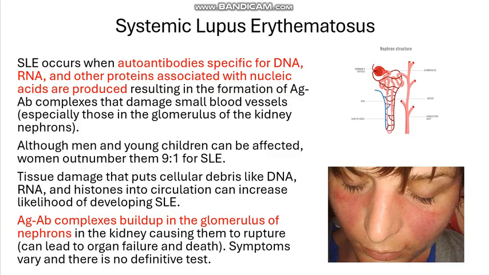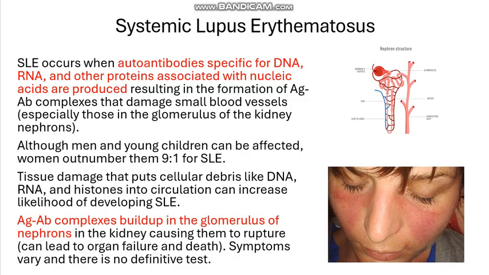Tissue damage that puts cellular debris like DNA, RNA, and histones into circulation can increase the likelihood of developing lupus, because you can obviously imagine this autoimmune disease is caused by T cells and B cells with antigen binding sites specific to nuclear proteins, so to nuclear antigens, escaping elimination, where they should be eliminated in the screening process in the thymus or the bone marrow or the lymph nodes.